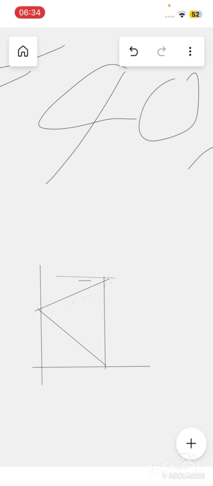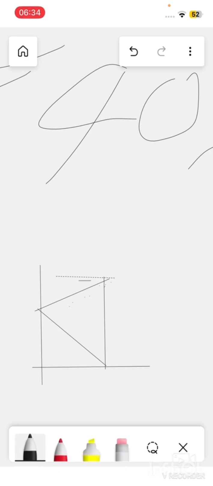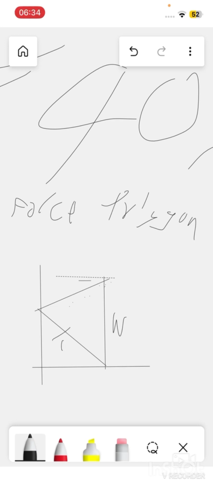I think everyone understands now. Therefore, we're gonna name this force polygon. This is W. This is TAB. This is TBC. This is our y-axis.